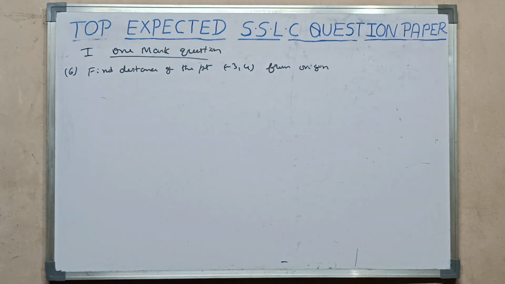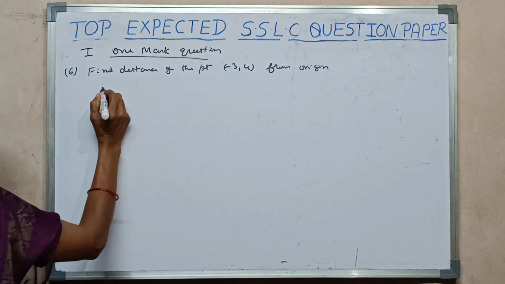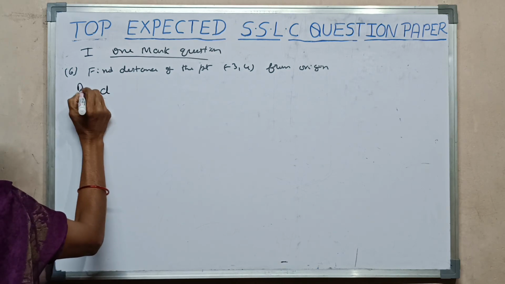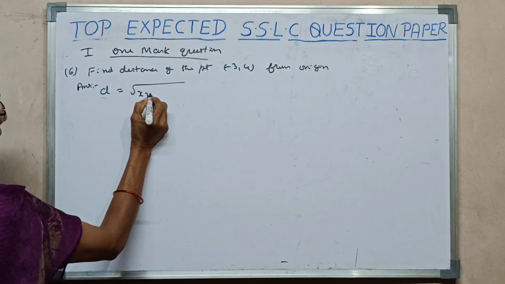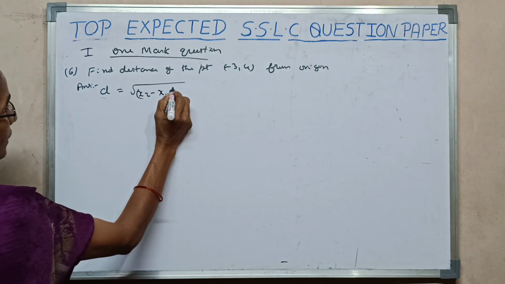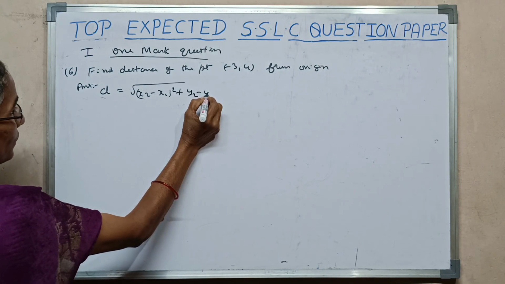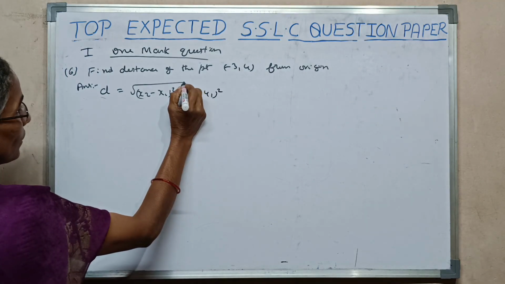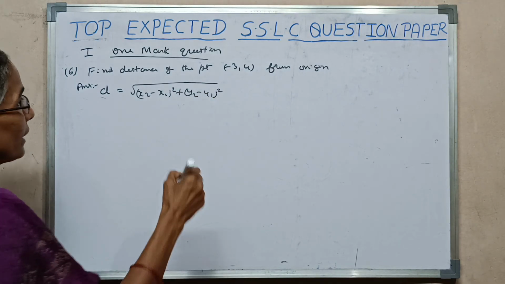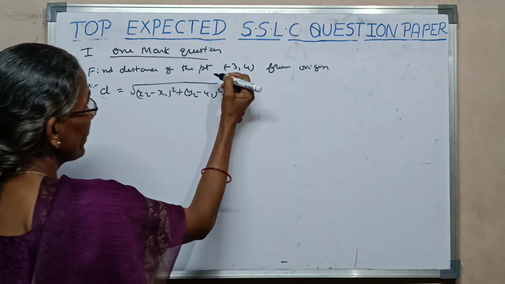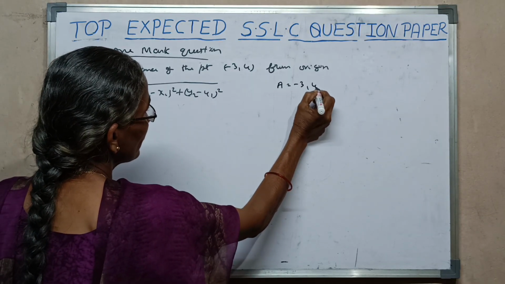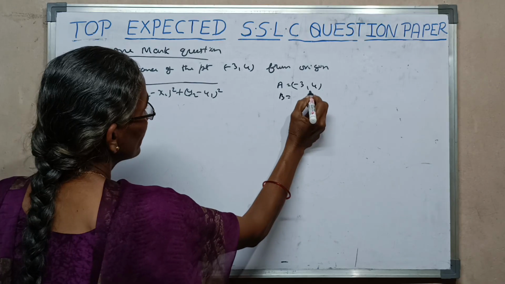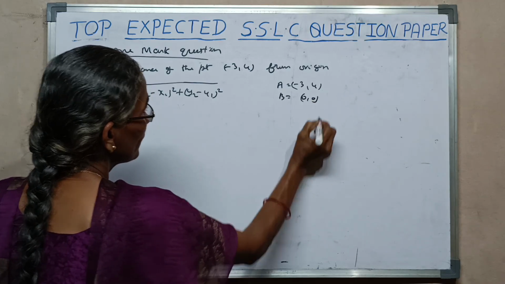So distance formula, we have to first memorize the distance formula. Distance formula is d equal to square root of x2 minus x1 whole square plus y2 minus y1 whole square. Here points are A equal to minus 3, 4, and B is origin means 0, 0.